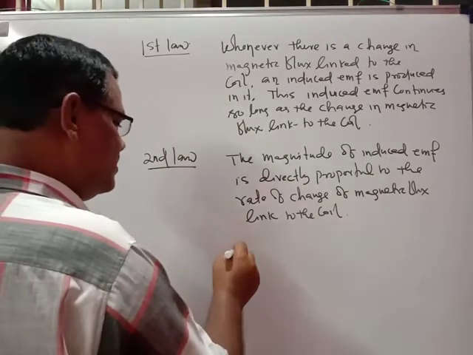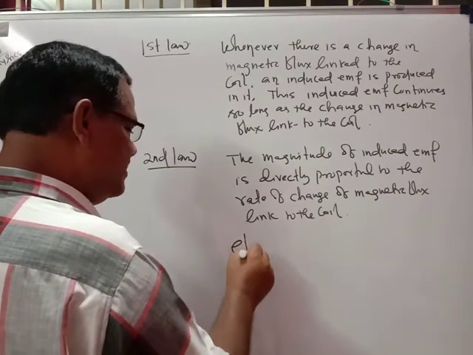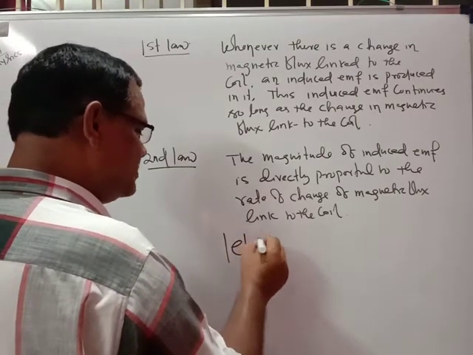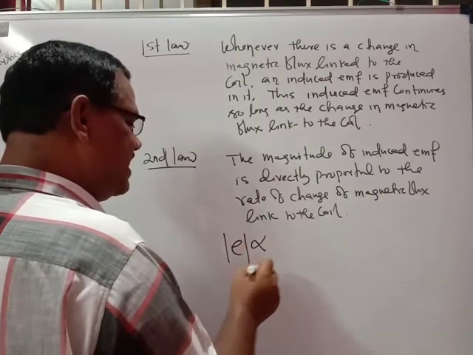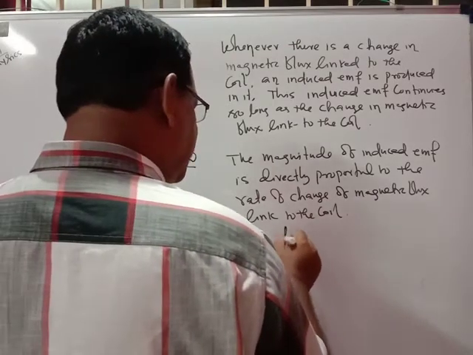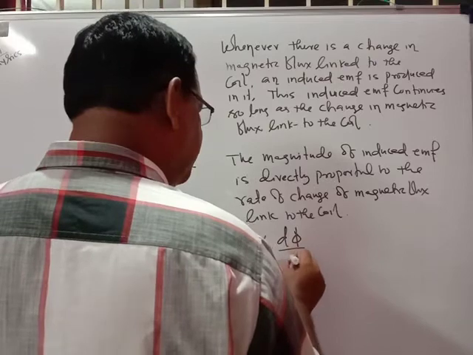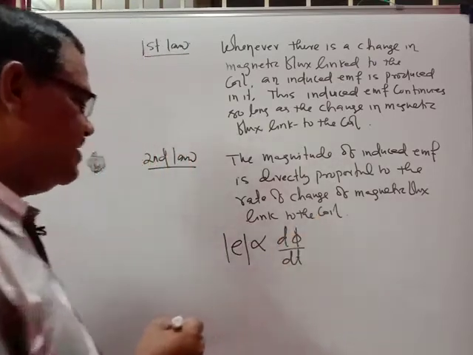That means if the induced EMF is E, its magnitude is directly proportional to d phi by dt, that is, the rate of change of magnetic flux linked to the coil.